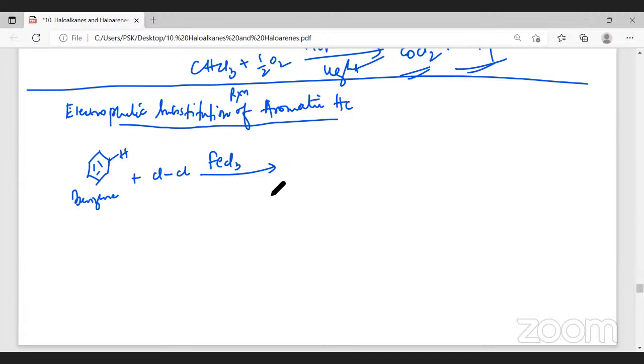I'm not teaching you the mechanism. Mechanism, you should have learned in the 11th standard. So H and Cl get eliminated as HCl. In place of H, this chlorine goes. So the product we get is chlorobenzene. Chlorobenzene is an example of haloarenes.